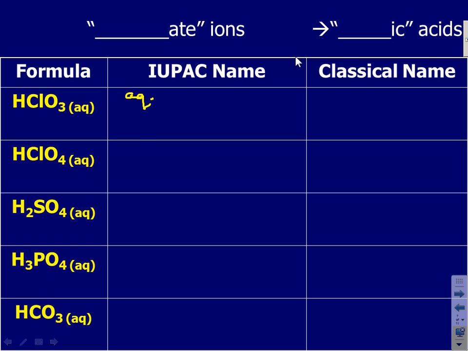Again, it's starting with hydrogen. Aqueous hydrogen, and what is this ClO3? From the back of your table, scanning up and down your chart. Yep, Shay? That's a chlorate. So it's aqueous hydrogen chlorate. All right? Aqueous hydrogen chlorate.